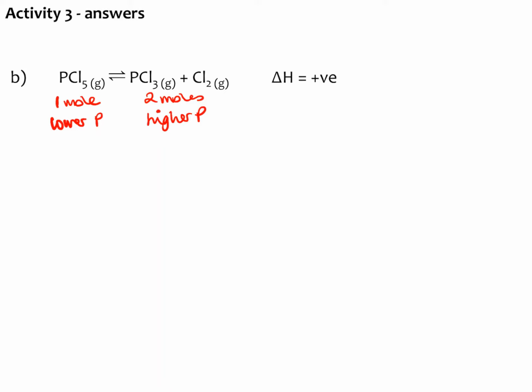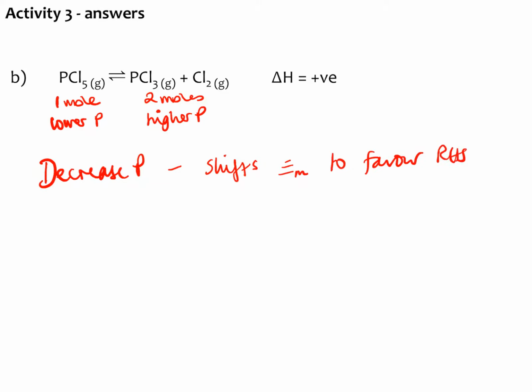If we want to favour the right-hand side, which is the higher pressure environment, then what we'd want to do is decrease the pressure. That would cause the equilibrium to be shifted to the right-hand side, as there are more moles, and this will increase the pressure.